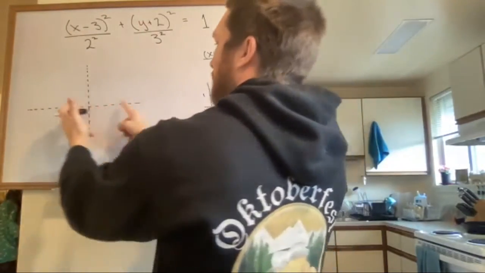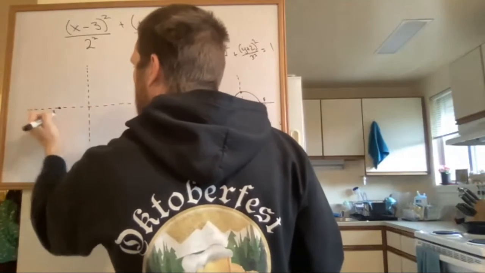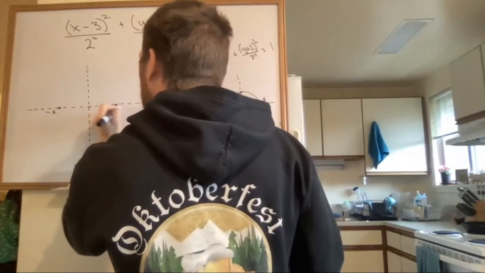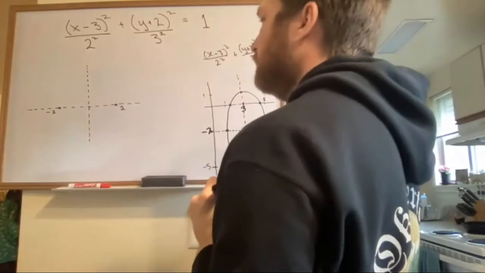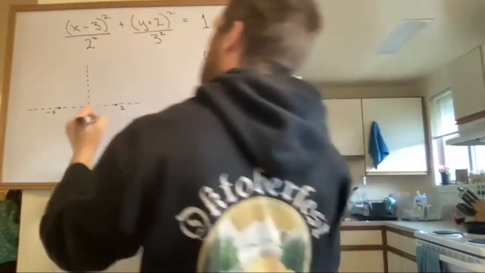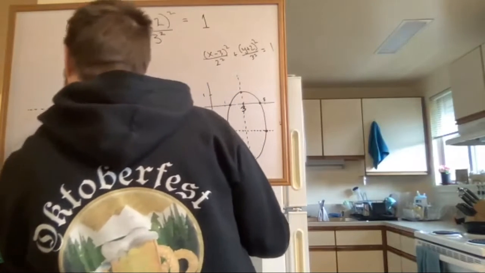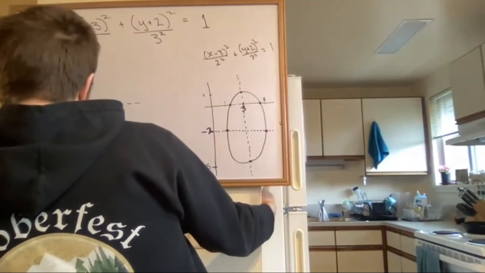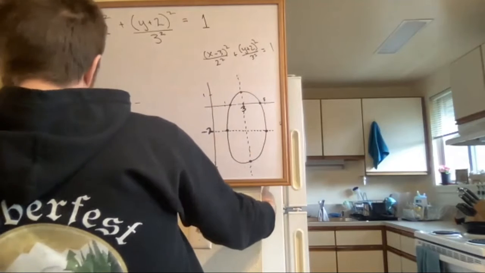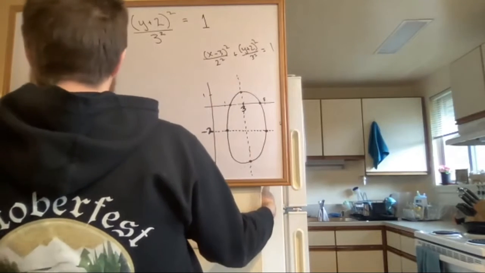And I'm going to say, okay, the x goes to -2 and +2, and the y goes up to +3 and down to -3. We'll make this a little bit bigger. Ugh, this looks terrible.